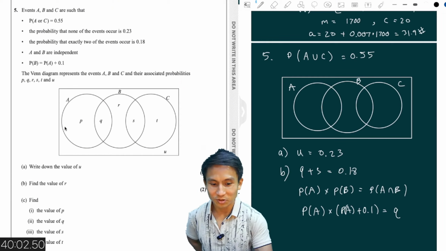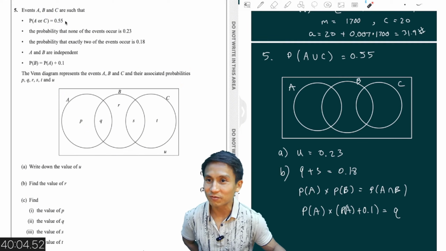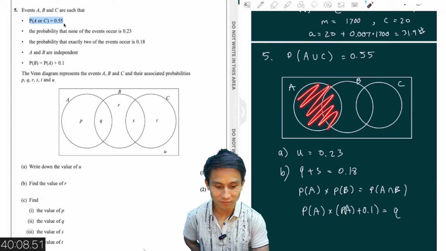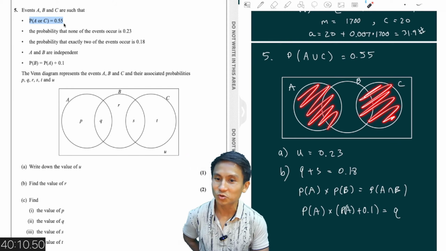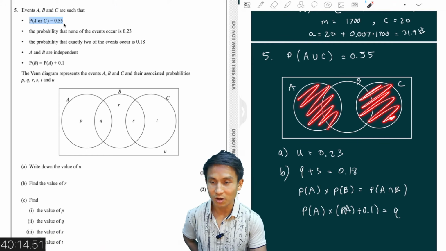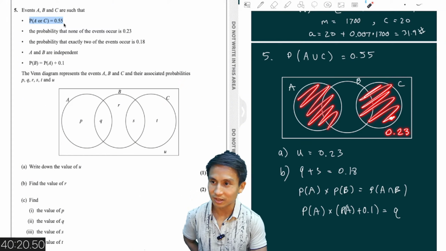Okay. So I forgot to use the information that P(A or C) is this whole lot of A and C. These two add up to 0.55, right? Now you visualize that, because don't forget we already have the U to be 0.23.